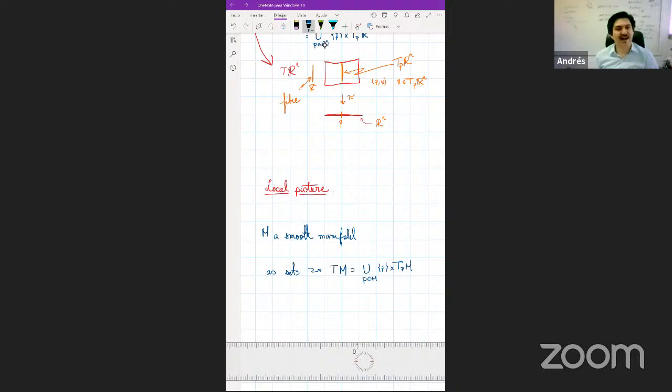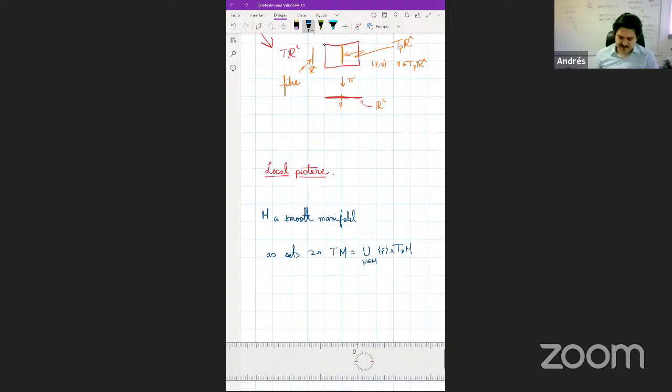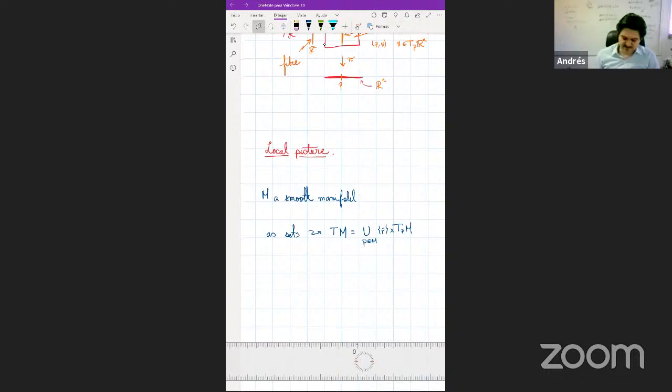However, here I cannot write it like M cross Rn. That's not true. And then the whole idea is that the tangent bundle is in fact a smooth manifold. So that's what we are going to see next time, that this is a smooth manifold.